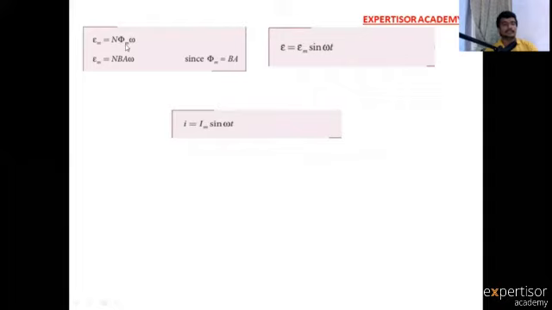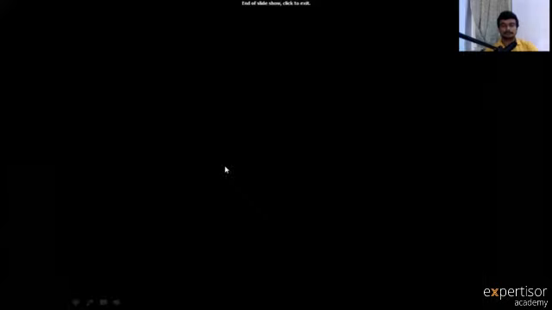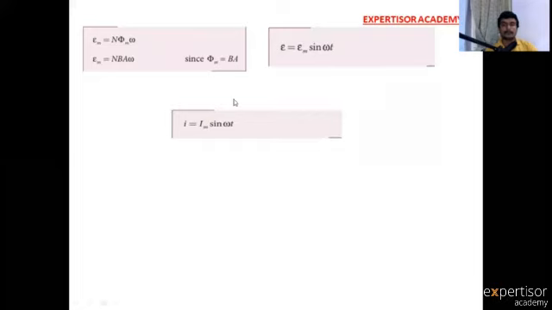We know that the maximum flux is equal to the magnetic field into the area. So the maximum induced EMF is epsilon m equal to NBA omega. Therefore epsilon is equal to epsilon m sin omega t. At the same time, the induced current is equal to the maximum current into sin omega t.